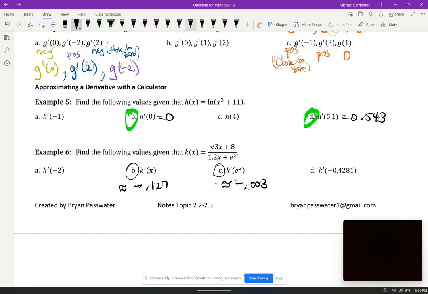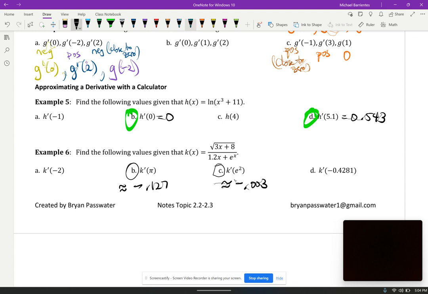So what is this telling us, by the way? This is telling us, for example, 5D, that this function is changing at a rate of 0.543 when x equals 5.1. That means it's going in an upward direction because my slope is positive.